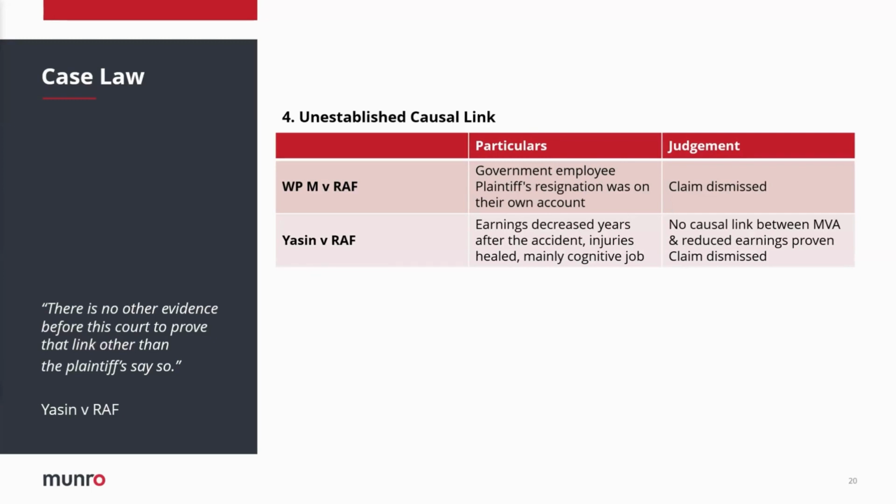We know there are a lot of degenerative injuries that only show up later in life, but the fact remains a proper causal link wasn't established. The court had nothing to go on except the fact that earnings have decreased, but there could have been any number of reasons for that. And the claim was dismissed ultimately.